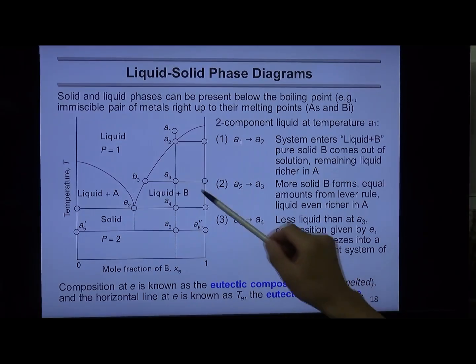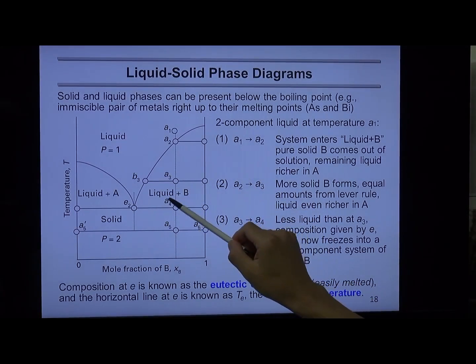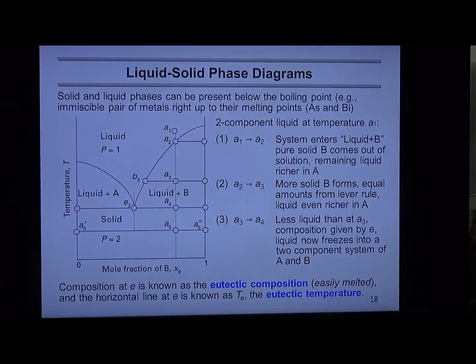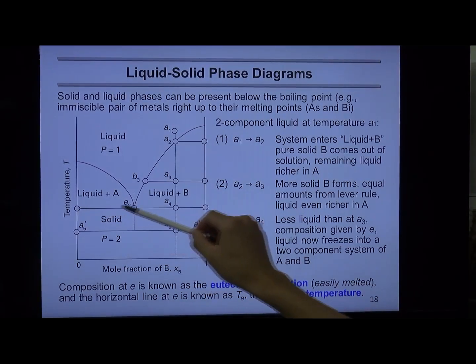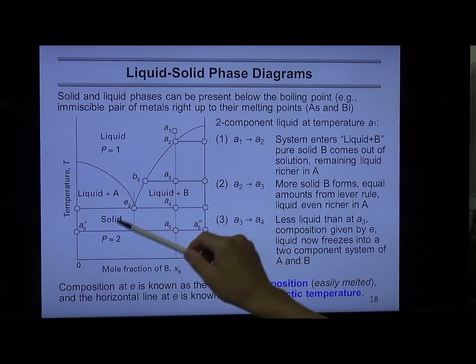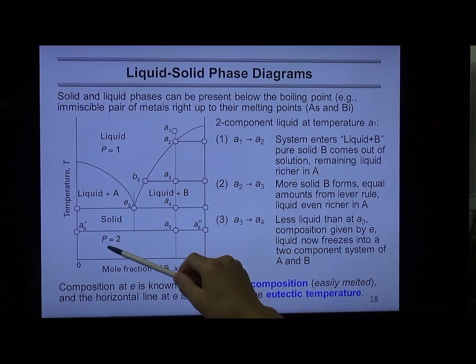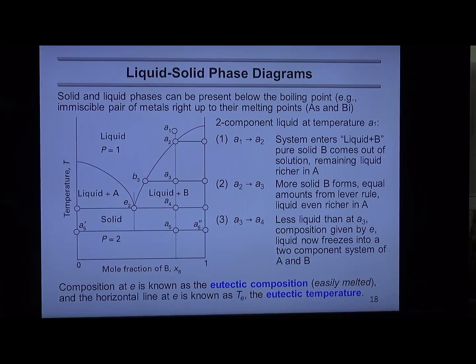Similarly, in this region, liquid mixture and solid B are present. And below this temperature, there is only solid, and P is equal to 2, which means that both A and B are present as solid at low temperatures.